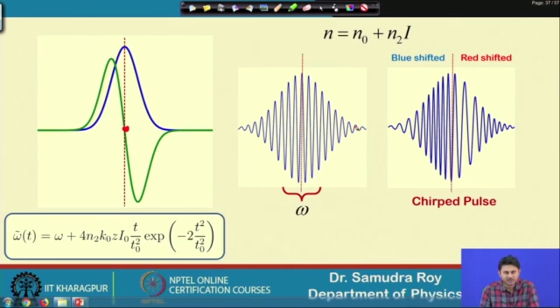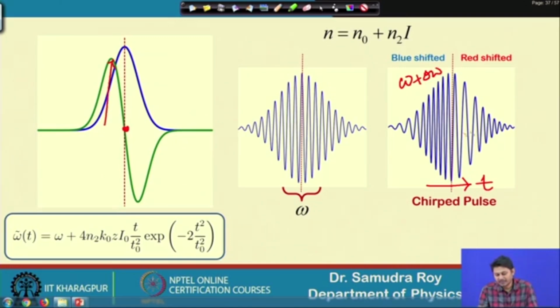Looking at this qualitatively, this is the uniform distribution of the frequency. Because of this Gaussian distribution of the intensity, the instantaneous frequency is now a function of time. The first part of the frequencies will be chopped or confined more. So, here the frequency is increased: we will have omega plus delta omega, the addition of this quantity.